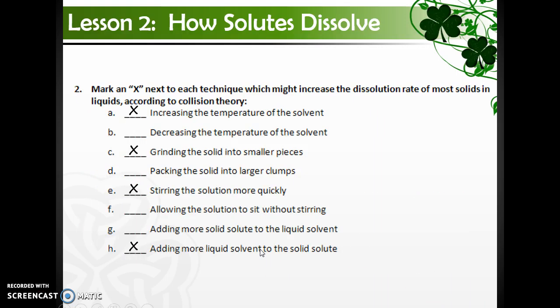If you were to grind the solid into smaller pieces, that would work as well. Remember, grinding the solid into smaller pieces increases the surface area. Stirring the solution more quickly is going to cause more collisions. Or if you add more liquid solvent, then there's more solvent available to dissolve the solid.